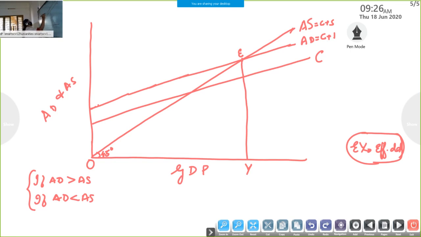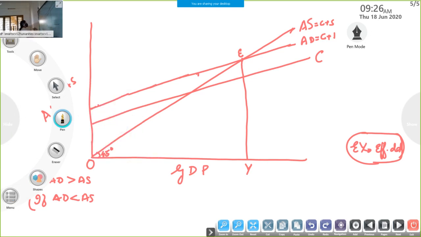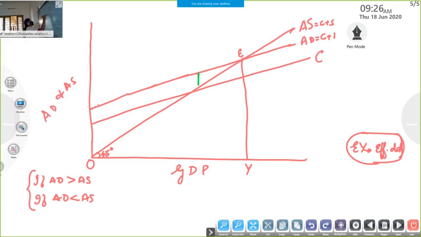This side shows AD is greater than AS, so I am giving the letters TY. The TY line shows AD is greater than AS. So this much is AD and this much is AS.